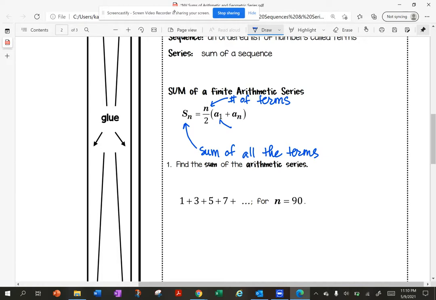A sub 1 is the first term. And A sub n is the last term. So I need to know the number of terms, the first term, and the last term to be able to find the sum of the series.